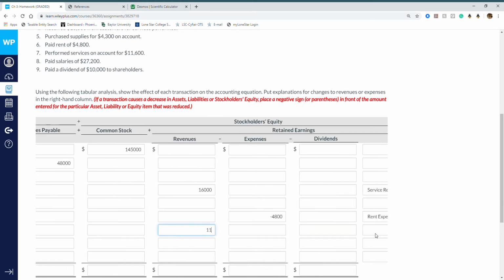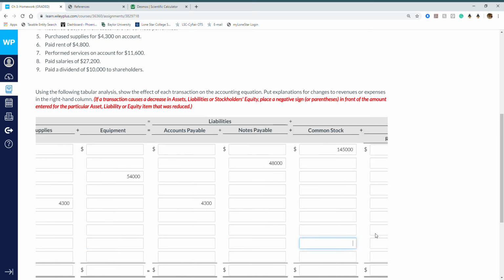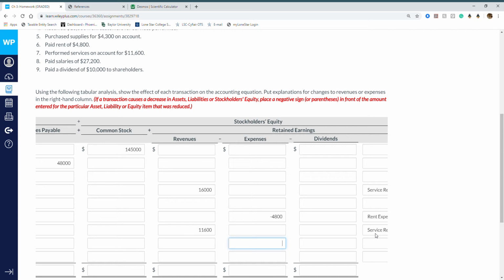So again, revenue is going up for our service. Okay. 8, we paid salaries of $27,200. Okay. So we know our cash account is going down again, to pay those workers, we need to pay them. And we have an expense.